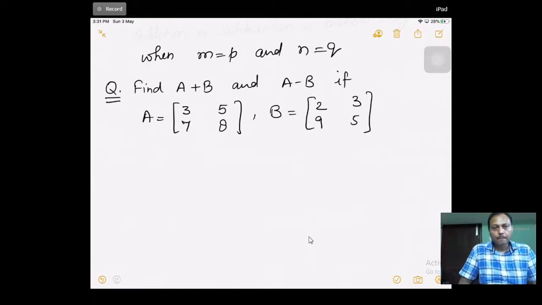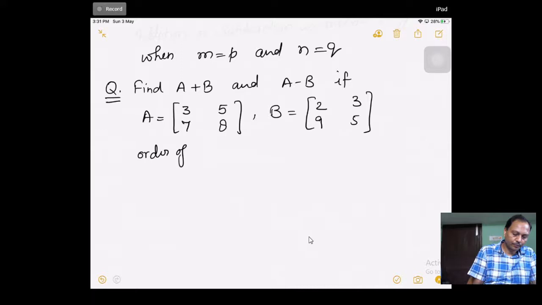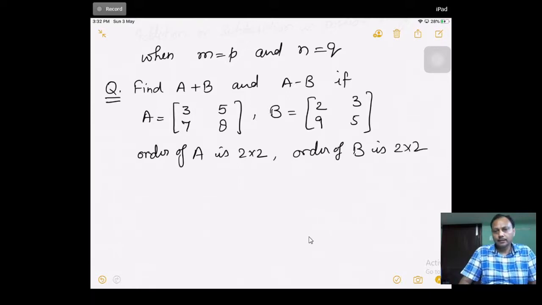Here we can see the order of both matrices is the same. Matrix A is of order 2 by 2, matrix B is of order 2 by 2. So we can add or subtract these matrices.